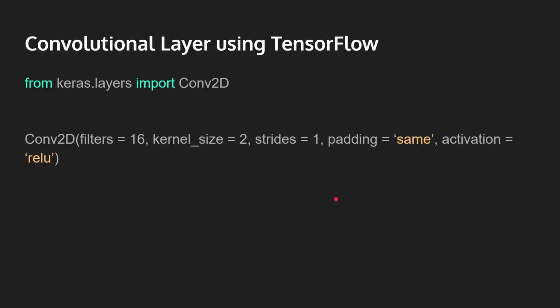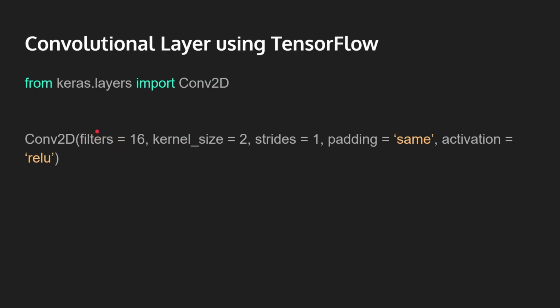Okay. Now let's see how we'll code this using TensorFlow. First, we have to import Convolutional 2D. It's 2D here because we're working with two-dimensional images, right? And filters equals 16 here means that we will have 16 kernels.